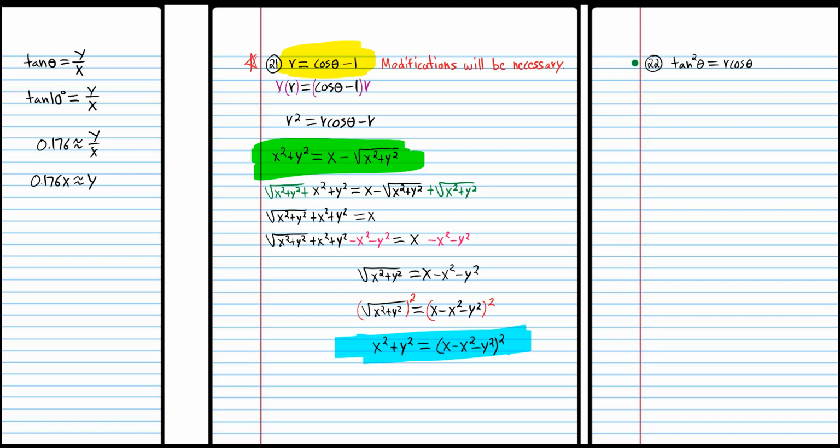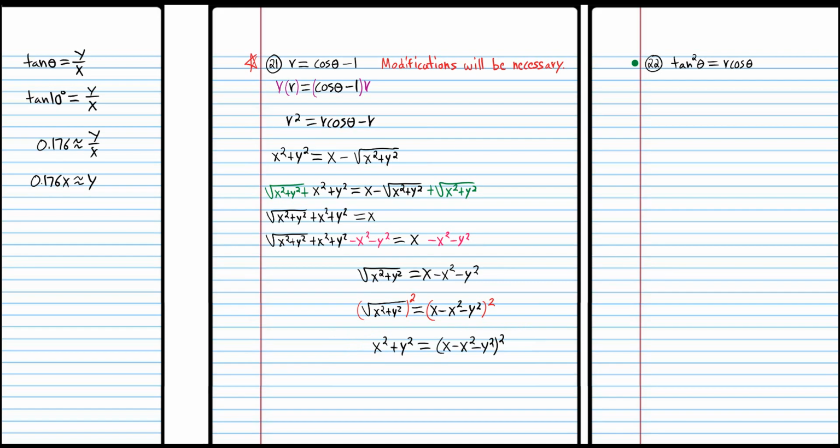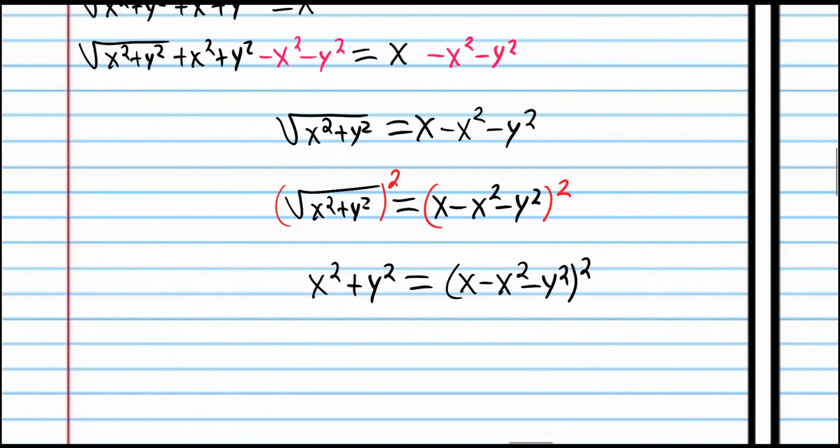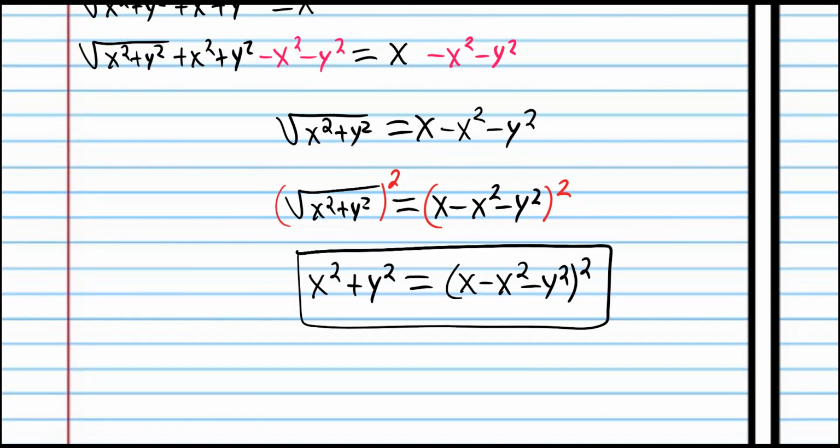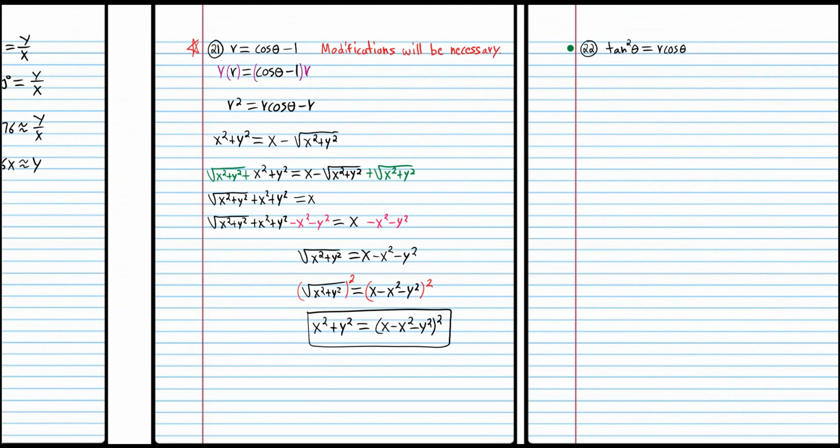But if you graph the blue equation that does not have a square root, then you get the yellow equation. So the blue and the yellow equations are equivalent.